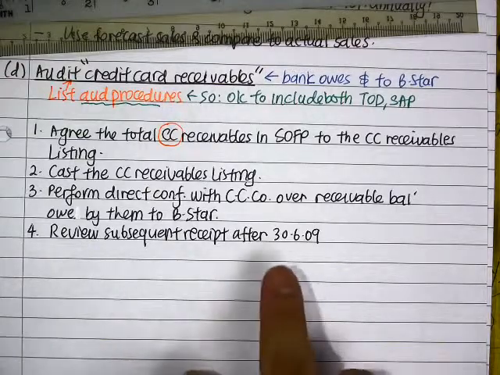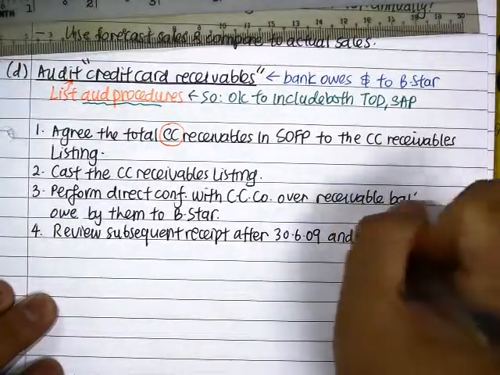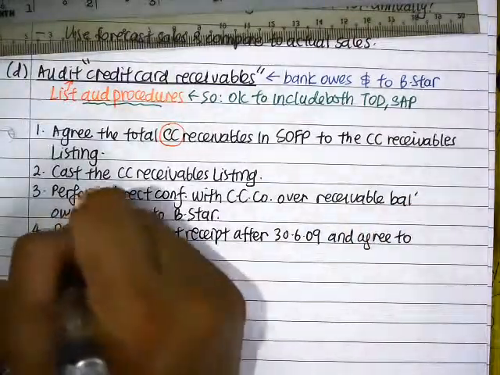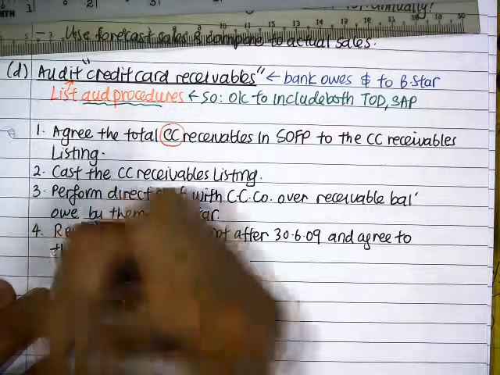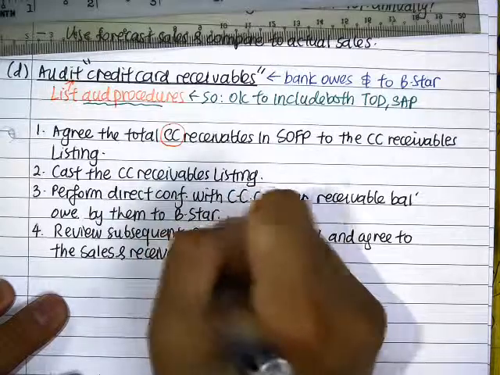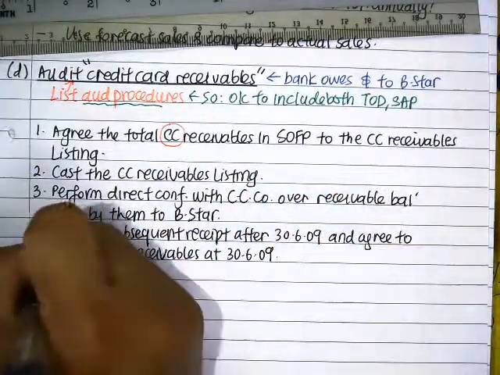So review receipts after June 09 and agree to the sales and receivable at June 09.